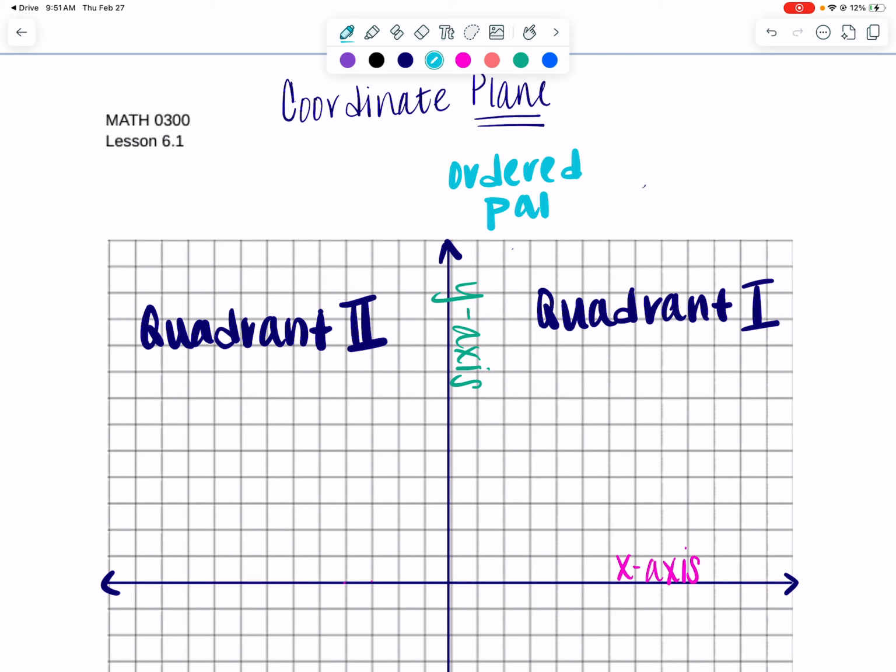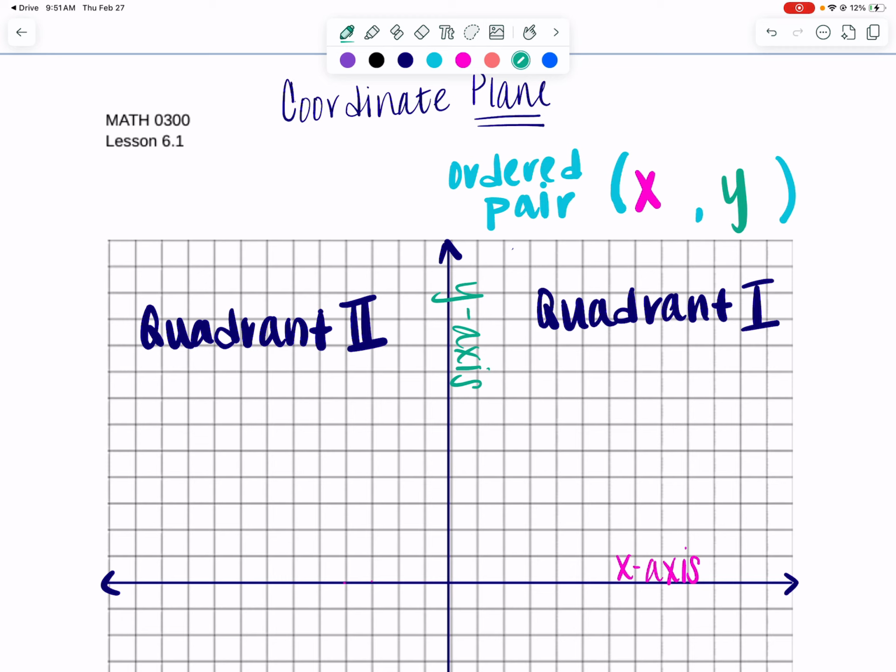That doesn't say pair. Pair means it has two parts. We'll have an x coordinate and a y coordinate.